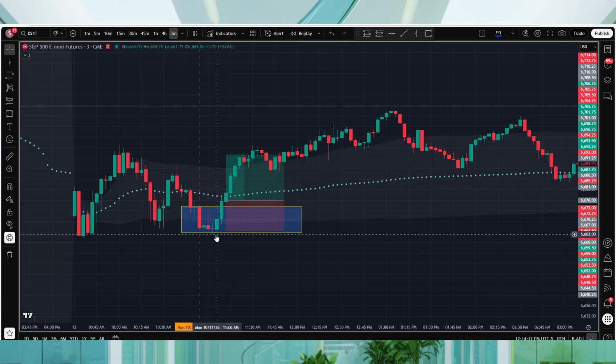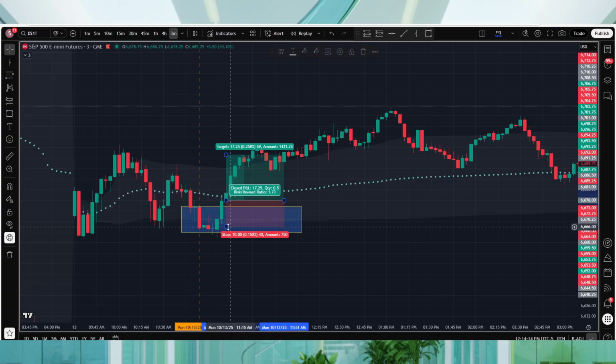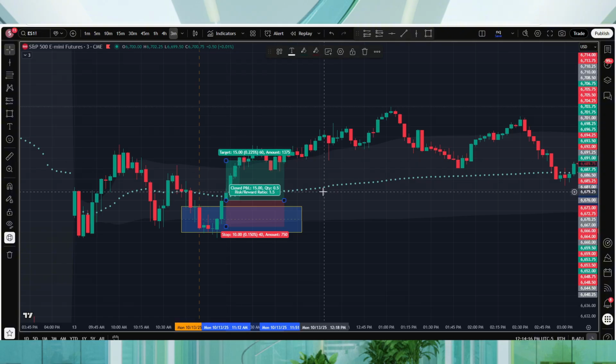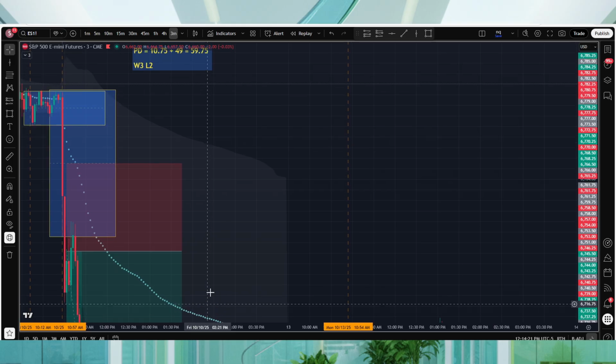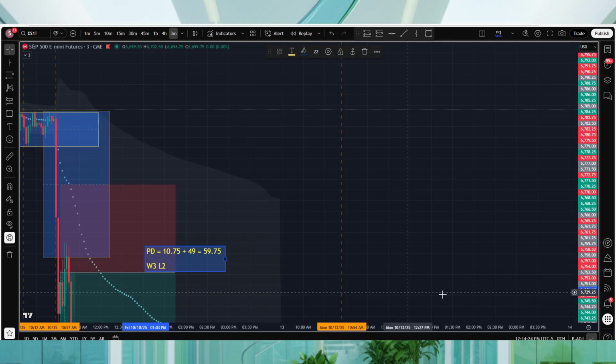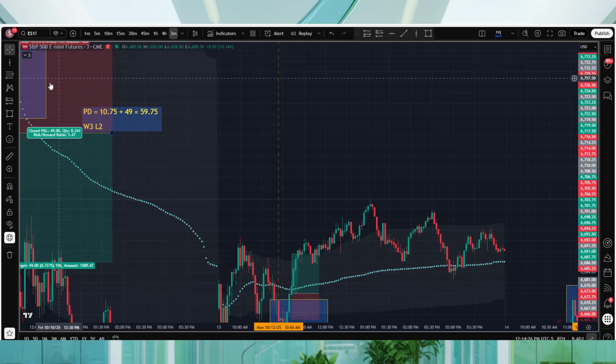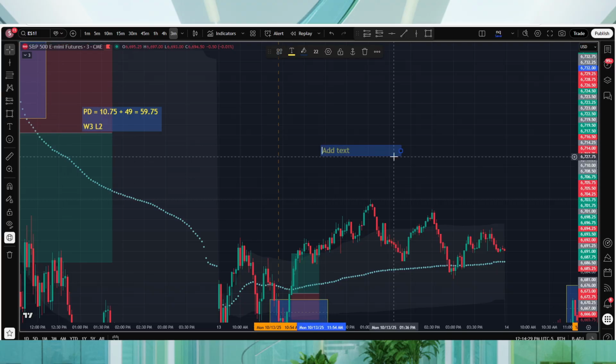So the stop is 10 points, quite a large stop, and we'll look to take profit at 15. So it's plus 15. So it's 74.75.